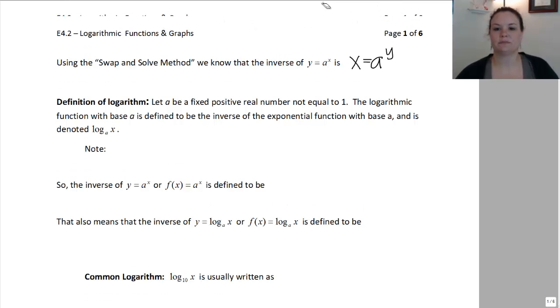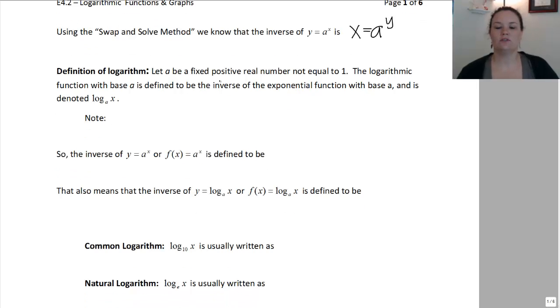So we're going to define a logarithm to be the inverse. It says let a be a fixed positive real number not equal to 1. The logarithmic function with base a is defined to be the inverse of the exponential function with base a and is denoted log base a of x.